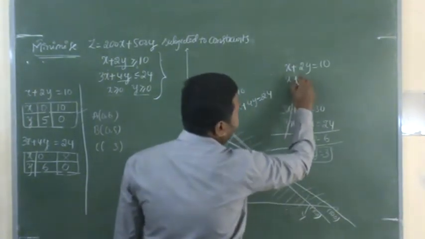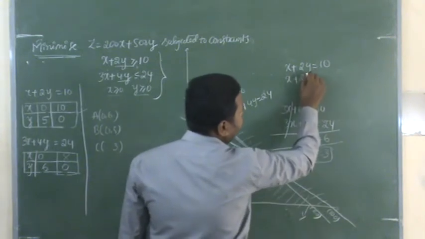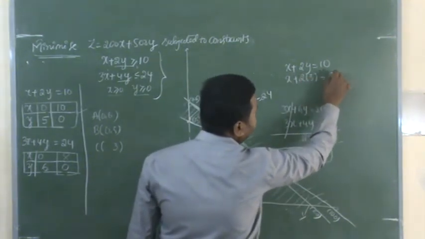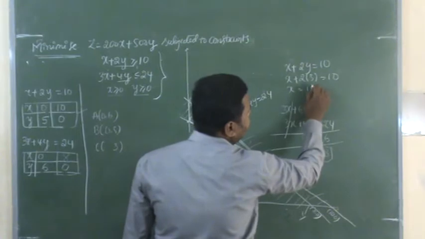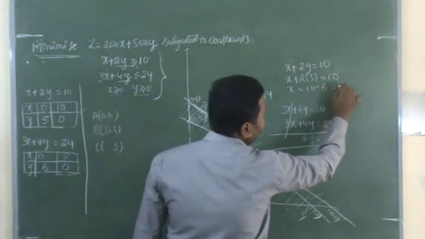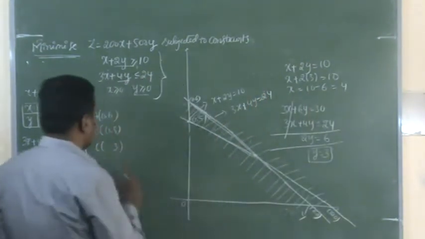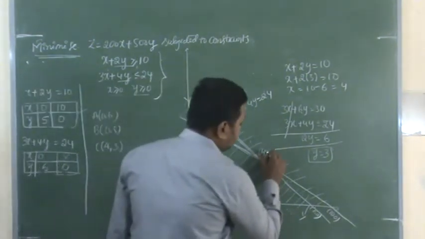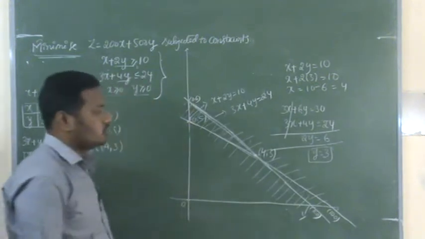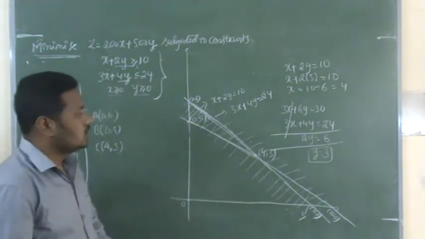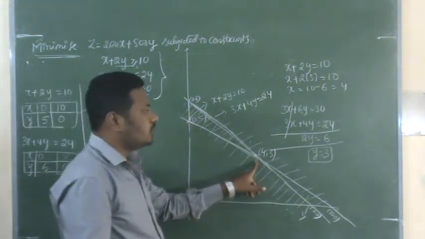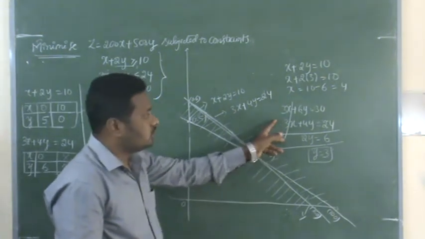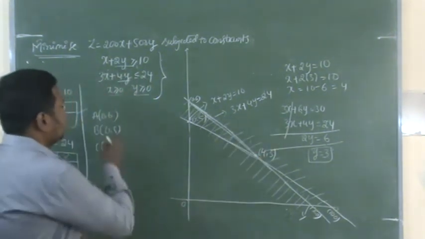Therefore, x plus 2 into 3 is equal to 10, so x is equal to 10 minus 6, which is 4. So x is equal to 4 and y is equal to 3. This is the intersection point by solving these two equations.